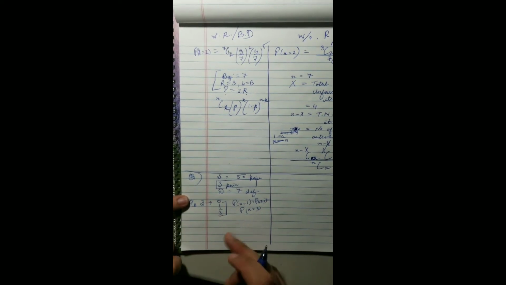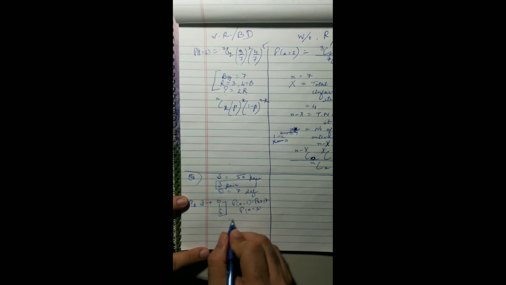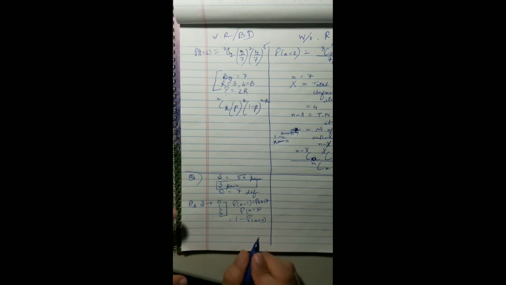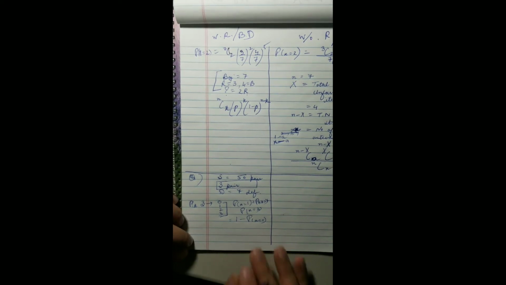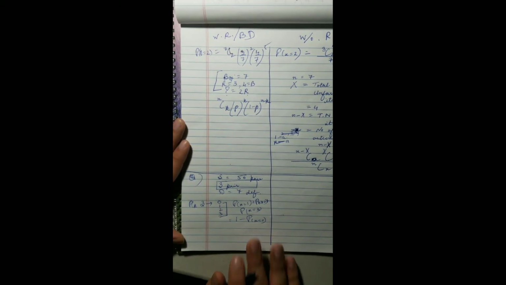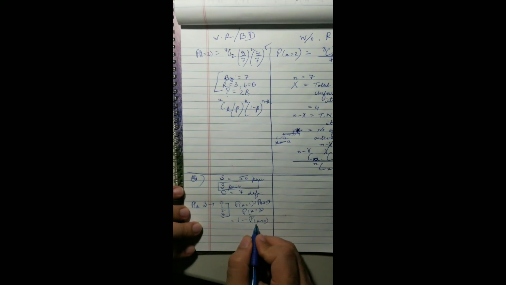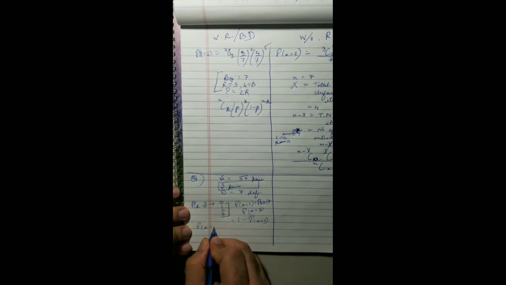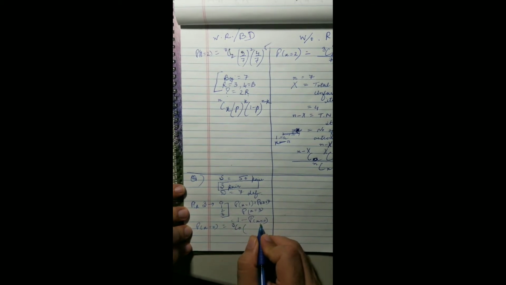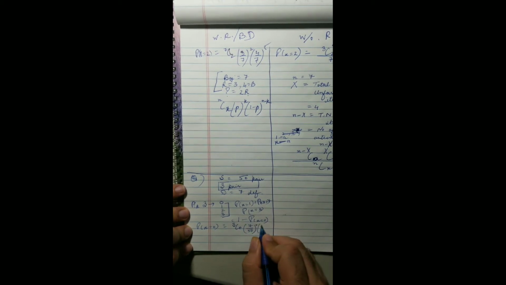We know anyways there are 4 items, so what I can do is simply write 1 minus px0, where px0 is the probability that in that particular sample, all the pairs are good, none of them is defective. So px0 is nc0, which is 3c0, probability of pulling out a defective pair, which was 7 over 50, raised to 0, and 43 over 50 raised to the power of 3 minus 0, which is 3.